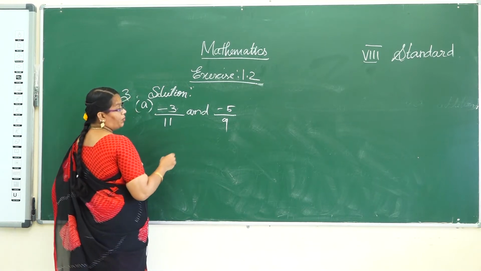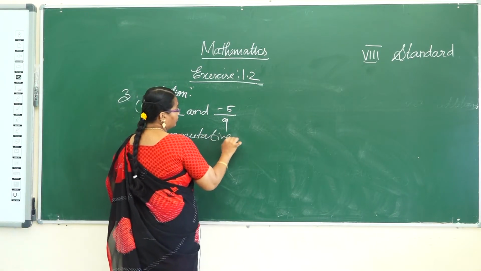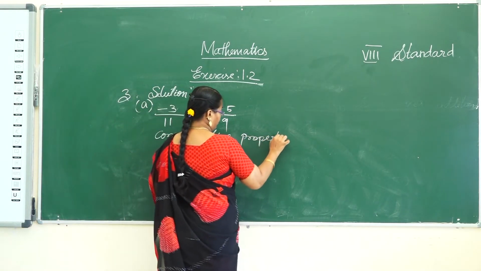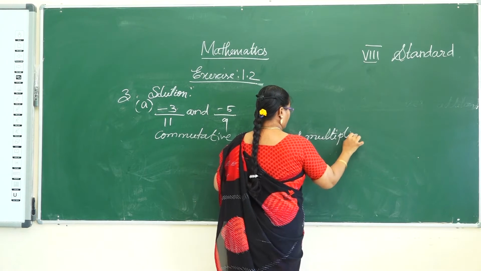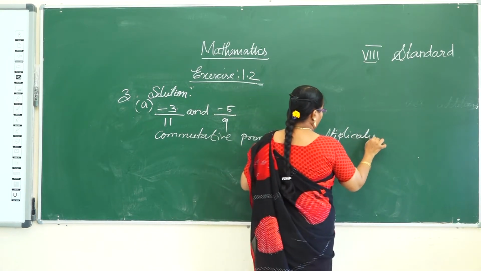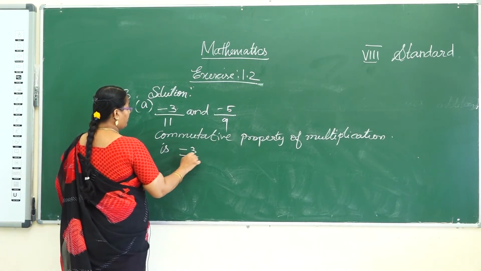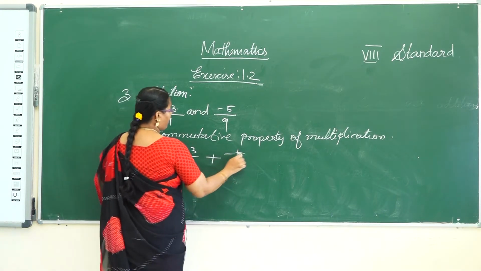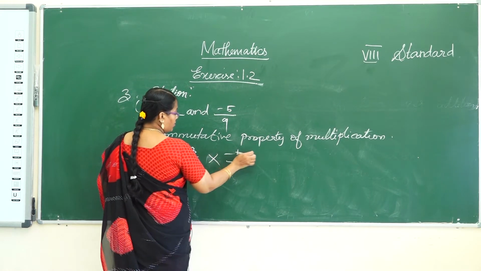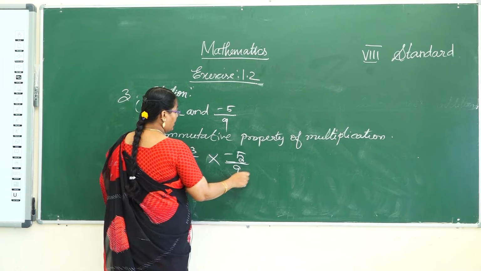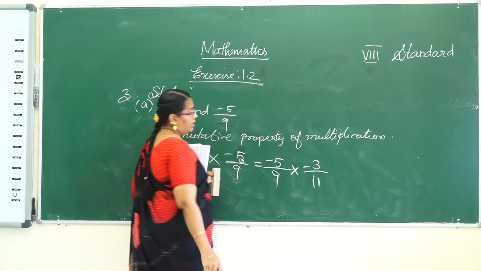The commutative property of multiplication is: minus 3 by 11 times minus 5 by 9 is equal to minus 5 by 9 times minus 3 by 11.